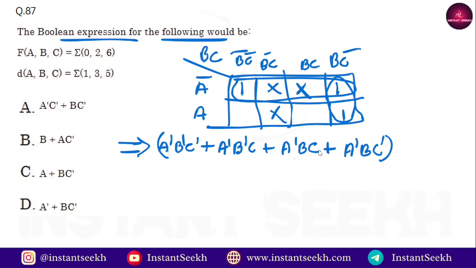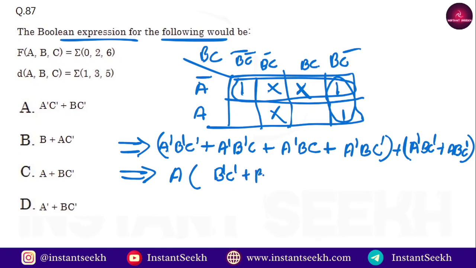Then plus these two again: A bar B C bar plus A B C bar. After combining this, we can simplify. A comes outside of this. Then we have B bar C bar plus B bar C plus BC plus BC bar, and here we can take BC bar common, that is A bar plus A.